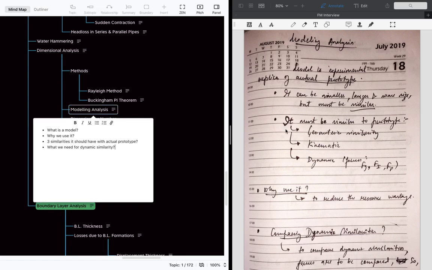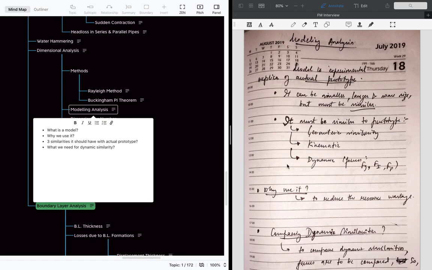It must have geometric similarity, which means the dimensions should be in particular ratios with respect to the actual prototype. Second is kinematic similarity, which means velocity and acceleration should be in similar ratio. The third important one is dynamic similarity, which means the forces, gravitational force, inertia force, and pressure force should be similar.